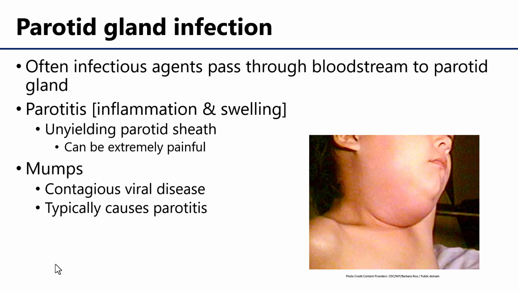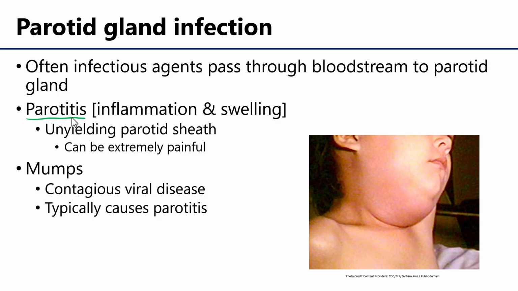This can lead to a condition known as parotitis, also known as parotiditis, but more commonly you'll see parotitis used. And this leads to inflammation and edema or swelling of the region.